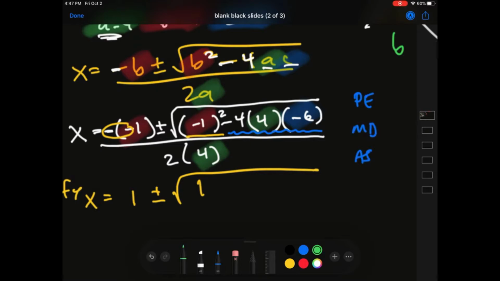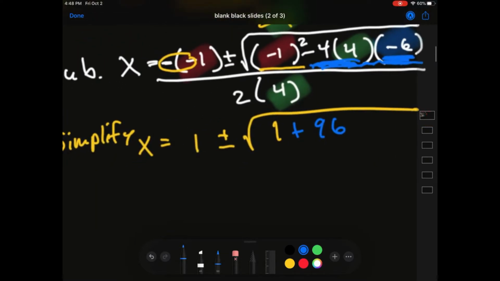So I just did the exponents in parentheses. Now we're doing multiplication here. Negative 4 times 4 is negative 16. Negative 16 times negative 6 gives me a positive 96. And then 2 times 4 is just 8.